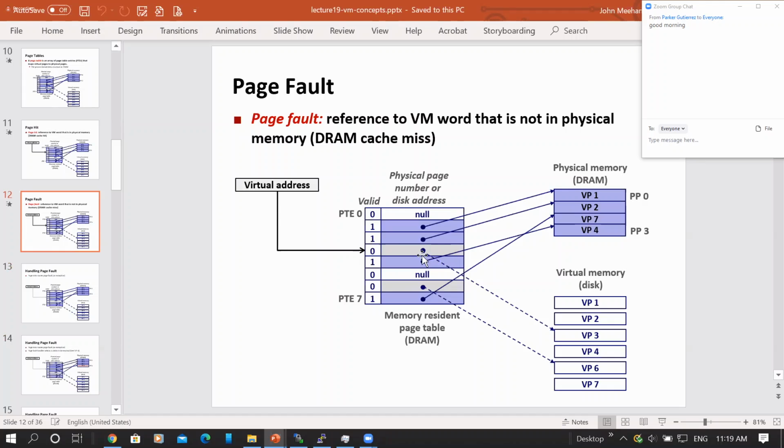And then I've got to modify the contents of this table, make it point to where I put the thing. And then I restart the process with the same instruction that generated the page fault. And this time it'll work because the thing is mapped into memory. So there's some management of the page table and dragging the thing in off the disk that would have to be done by the operating system, right?